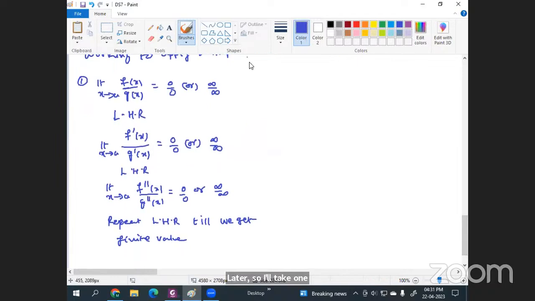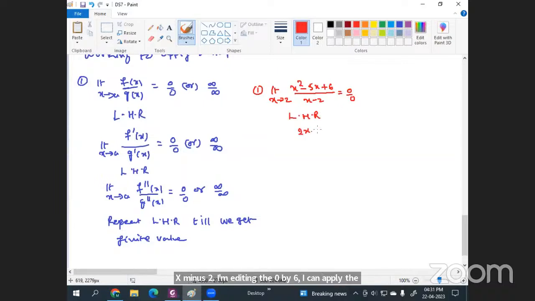Right? So I'll take one example here. That is the first one. Limit x tends to 2, x square minus 5x plus 6 by x minus 2. I am getting 0 by 0, so I can apply the L'Hopital rule. x square derivative is 2x, 5x derivative is 5 by 1.